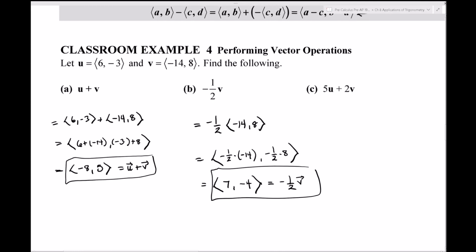And then we'll look at letter C. This is what we call a linear combination. Mathematicians always want to sound pretentious, basically. Every little thing that's new, they'll give a name for it. So if what you're doing is combining scalar multiplication and vector addition together, it's called a linear combination. There's actually a reason for it.